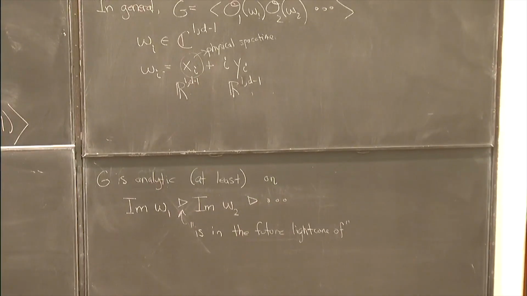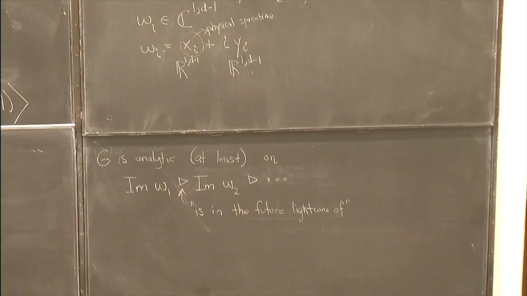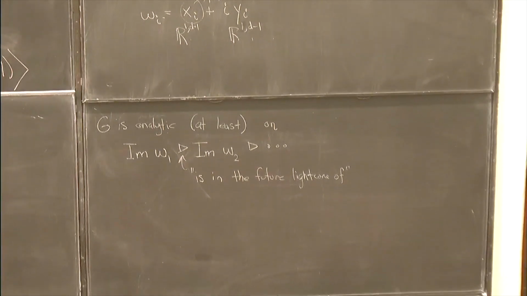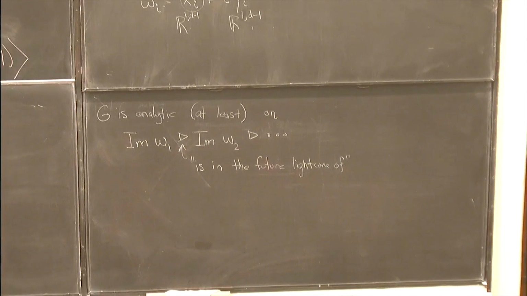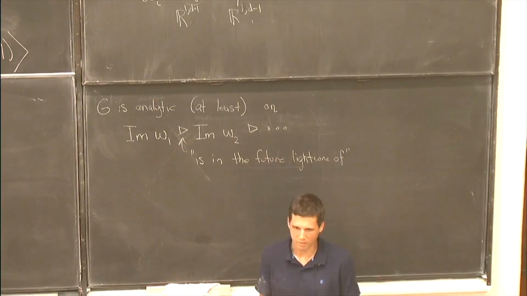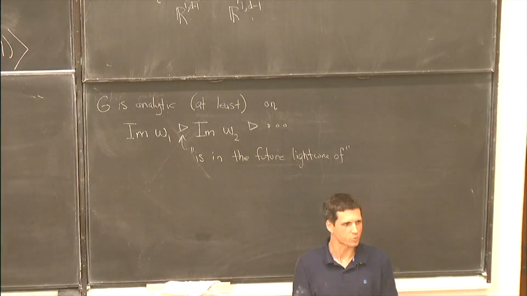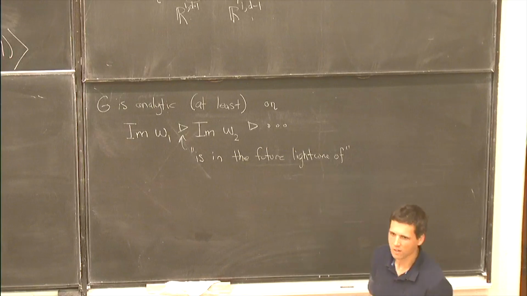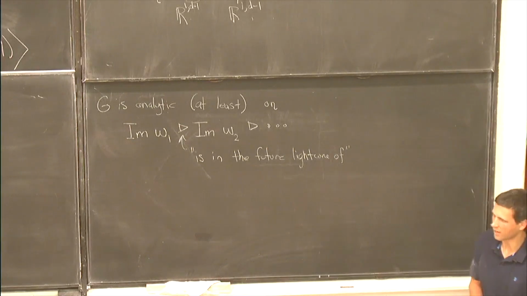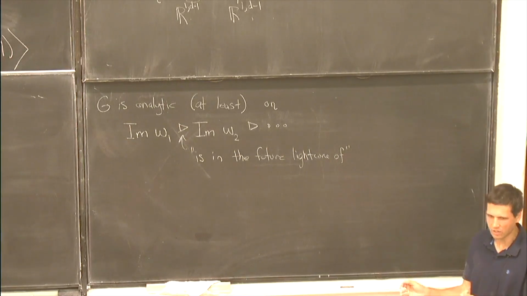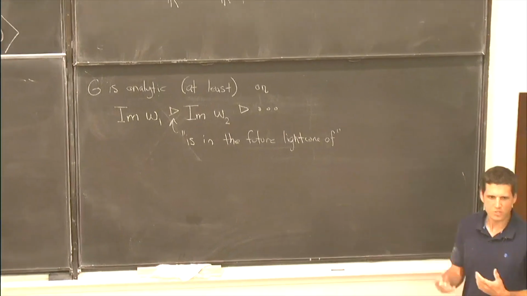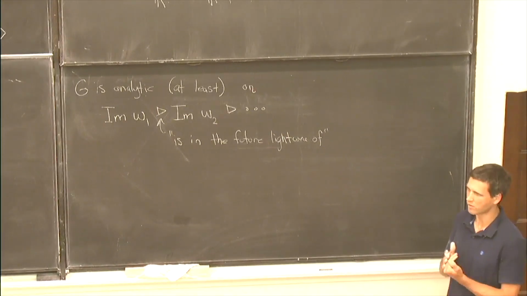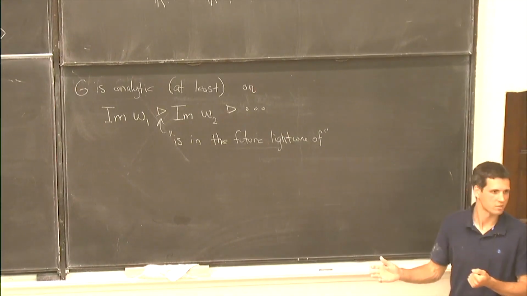What I'm stating here is basically a covariant version of the i epsilon prescription that David was talking about. If you think about starting with Minkowski coordinates where everything is inserted at real Minkowski time, then you can analytically continue by adding i epsilons as long as you order the Euclidean times.